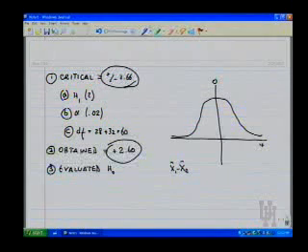To the extent that we depart from 0 towards the positive end of the distribution, that indicates that x bar 1 exceeds x bar 2. To the extent that we depart towards the negative end of the distribution, that indicates that x bar 1 is less than x bar 2. Well, we know from the data that x bar 1 is greater than x bar 2.